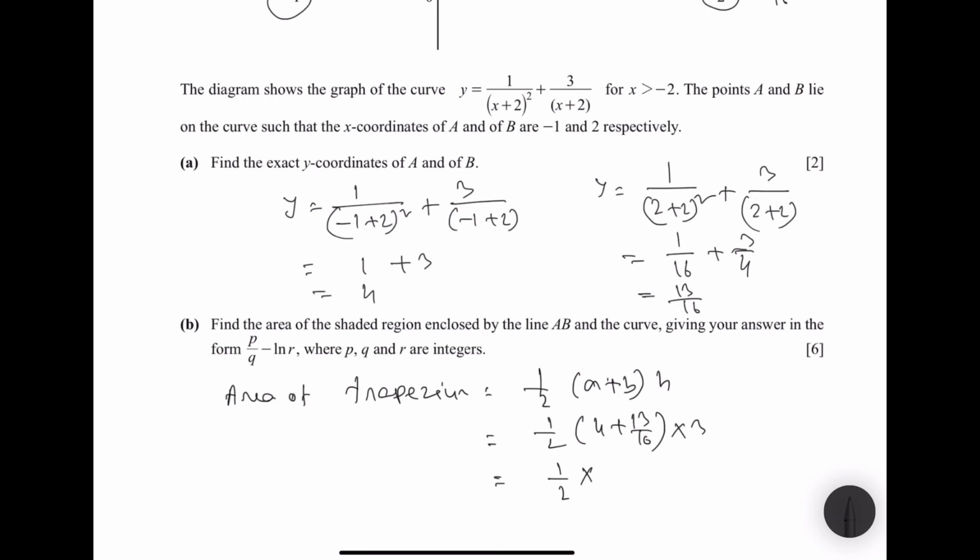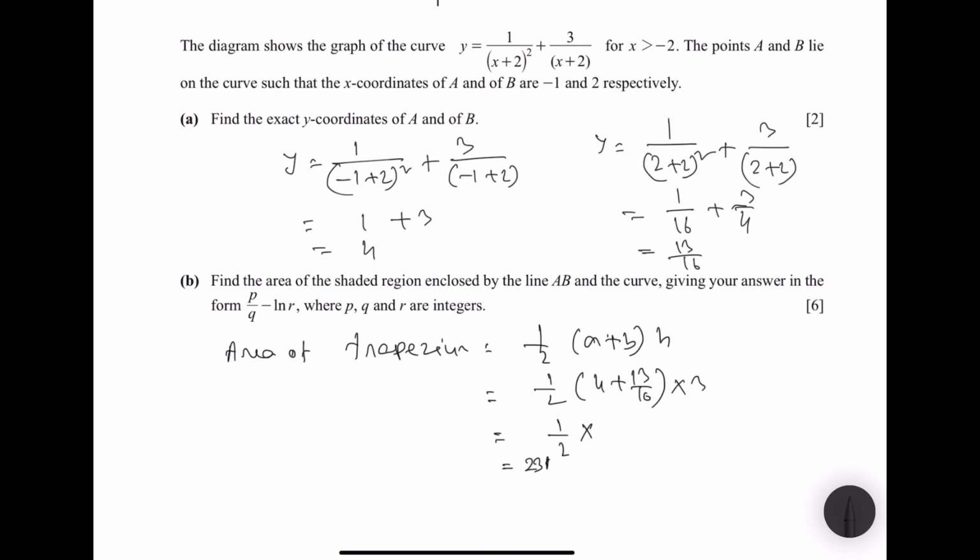That means if you simplify the whole thing, it will be 231 by 32. That is the area of the trapezium.